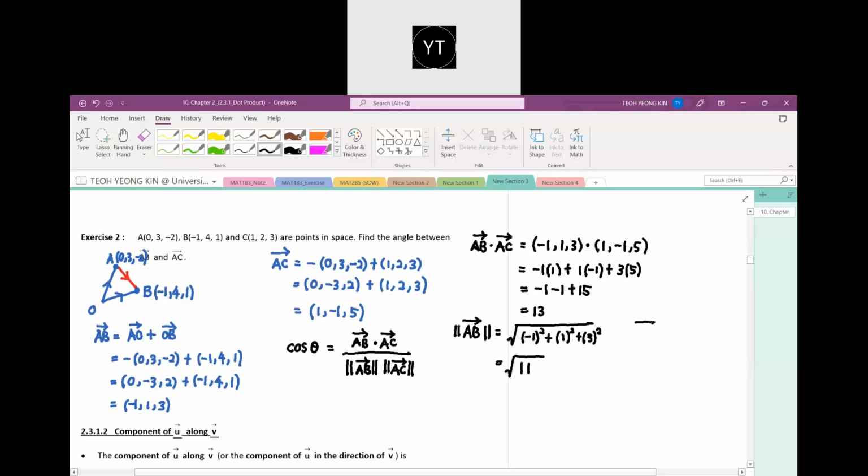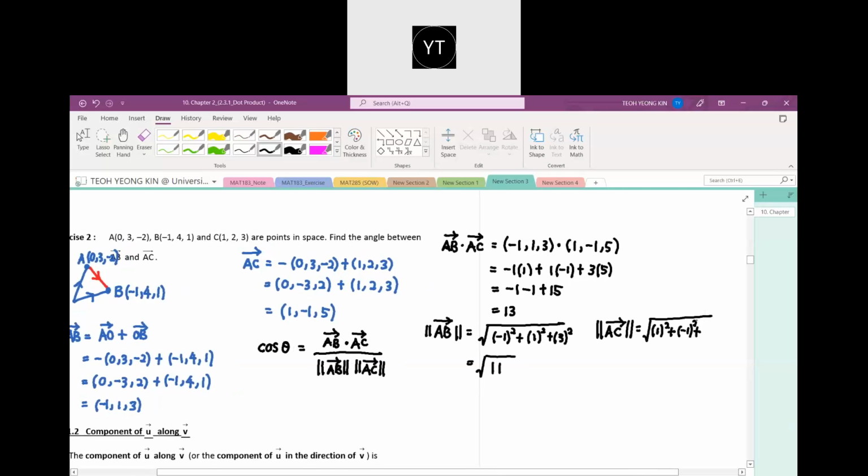Whereas the magnitude of vector AC is equal to the square root of 1 squared plus negative 1 squared plus 5 squared. So this part we should have 25 plus 1 plus 1, which is 27. Square root of 27.